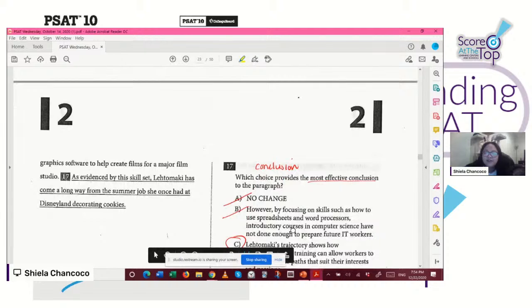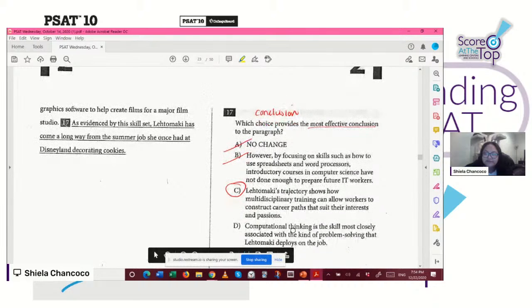All right, so 17. Which choice provides the most effective conclusion? Okay, what is the conclusion that they're trying to tell you? They're trying to tell you diversify your skills by trying to go into a field that has different types of training so that you can construct a career path that you like, right?